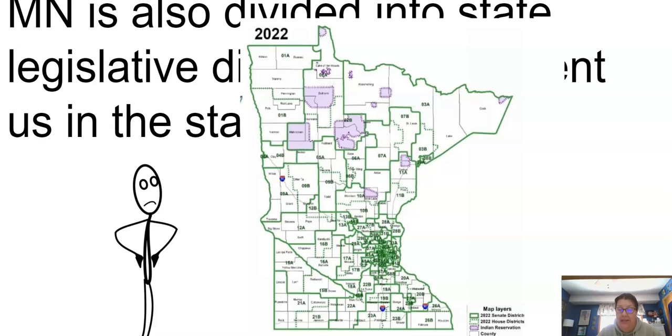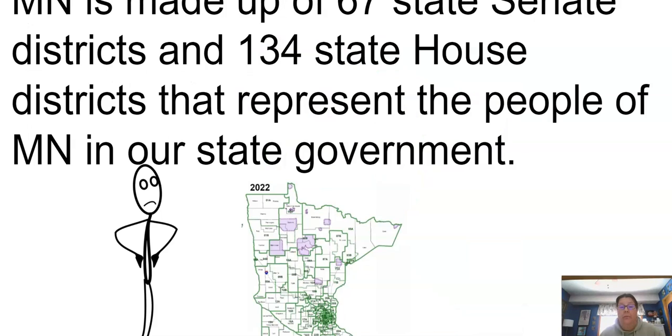So if we have 67 Senate districts in St. Paul, we have 134 House districts representing the state of Minnesota in St. Paul at our state level government. And I know this is a lot to take in, but I just want you just to let some of that absorb as we continue. So again, I'm just repeating myself here. 67 Senate districts and 134 House districts. That is only representing us at a state level for state legislation.